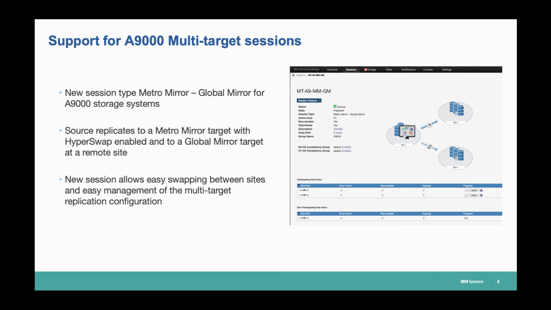Hopefully, if you have FlashSystem A9000 or A9000R, and you either want to take advantage of multi-target or are already taking advantage of multi-target, you'll see that CSM support can help you out, especially if you have a mixed environment with both A9000 and DS8000, or perhaps multiple A9000 systems. You can manage all under a single pane of glass.